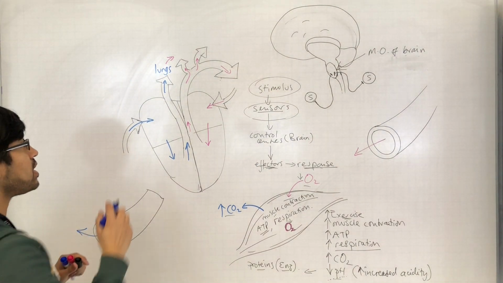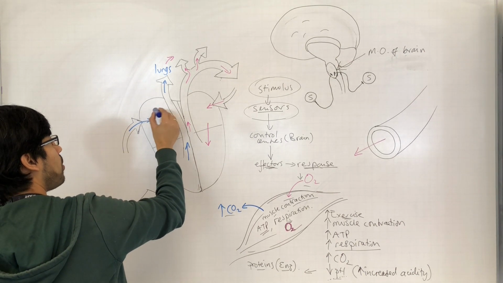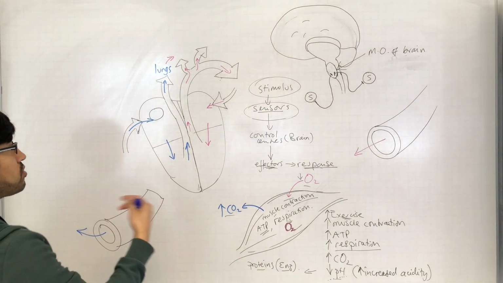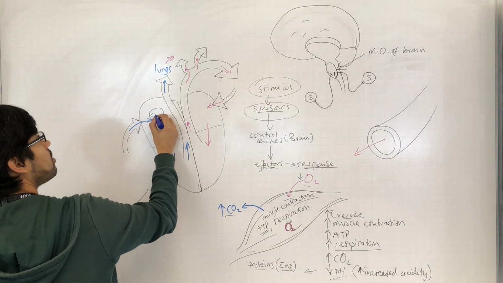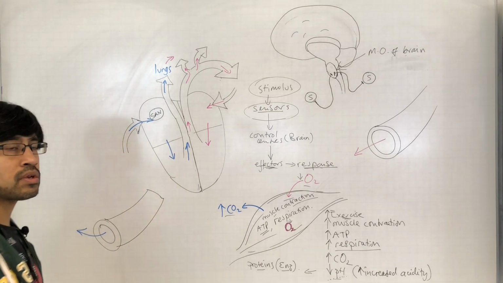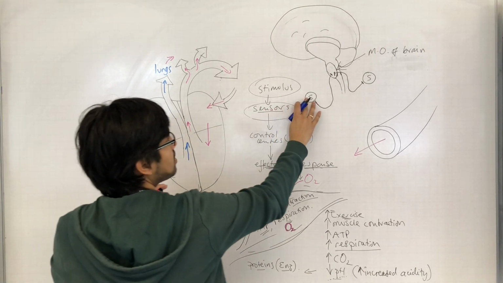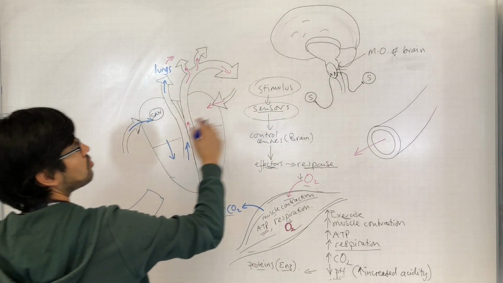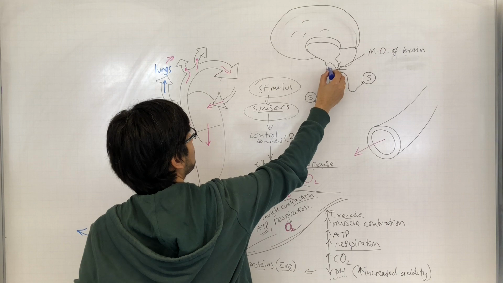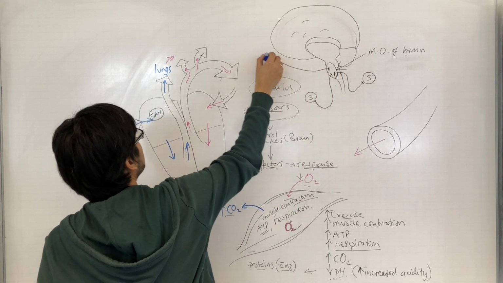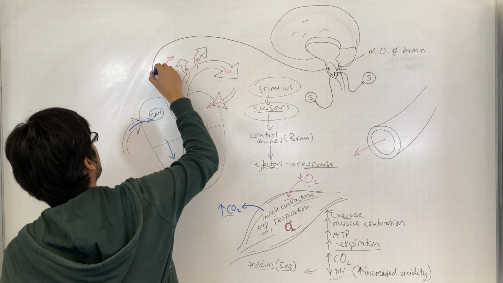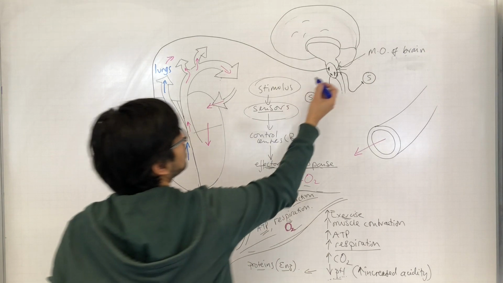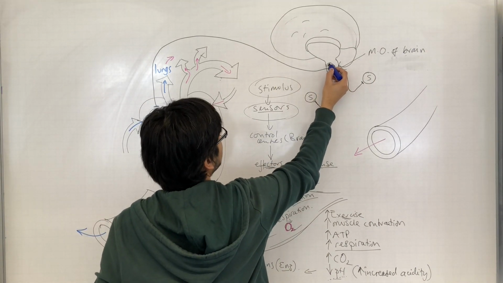More specifically, the part of its structure that allows its rate to be regulated is the sinoatrial node. So sensors connected to the control center connected to the effector, again via neurons. These ones are special and we'll discuss them. So that's one neuron, or one bundle of neurons.